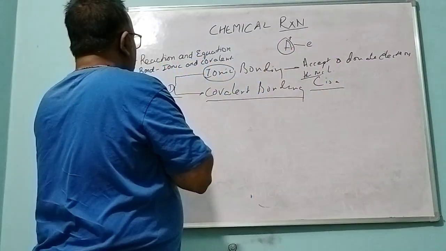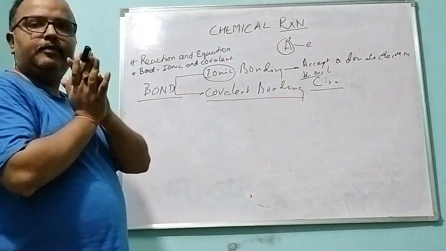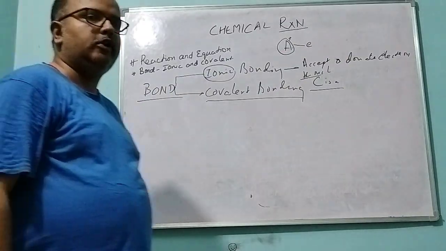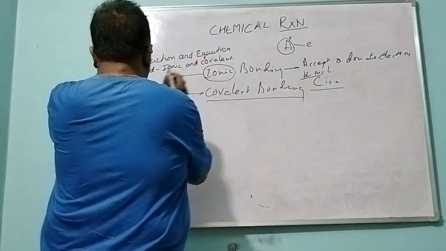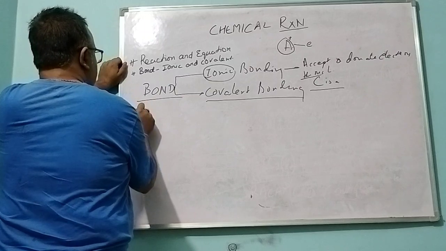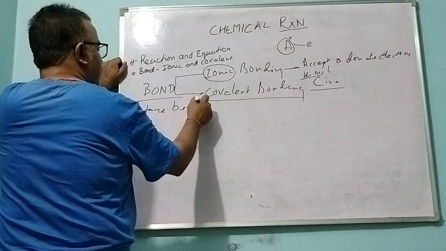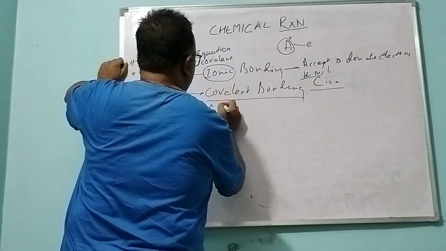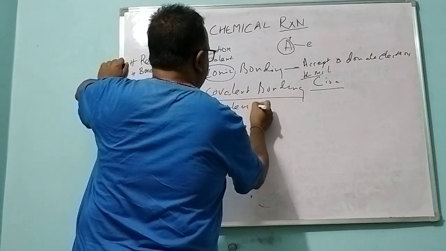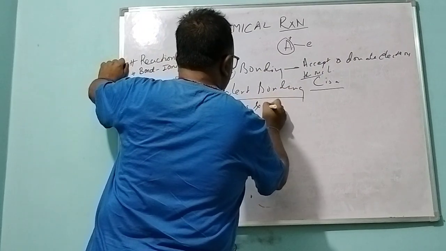Okay, so the type of bonds and the stability of the bonds are also dependent on the distance between the nucleus and the outer shell.